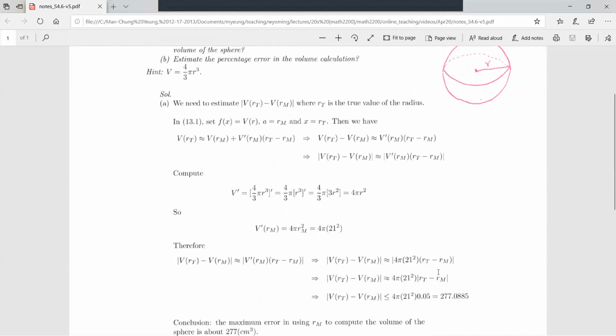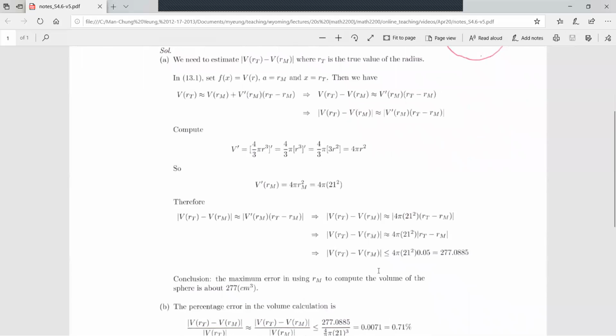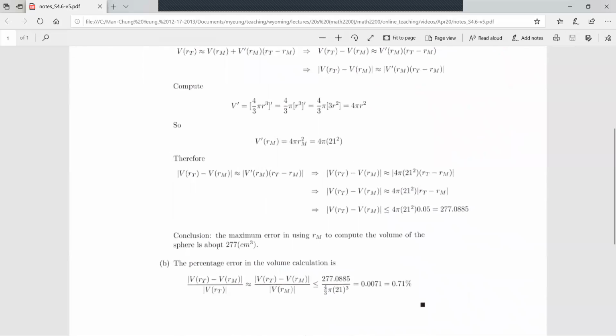From the given, we know that the absolute value of RT minus Rm is less than or equal to 0.05. So therefore, using that inequality, we get this inequality. This number by calculator is about 277. Okay, now the conclusion.